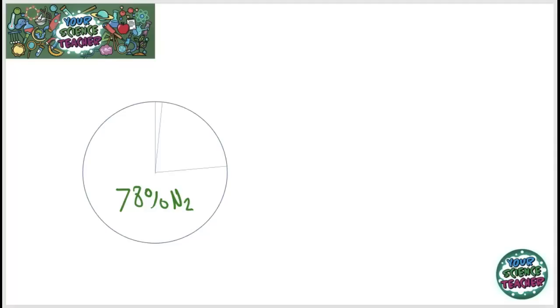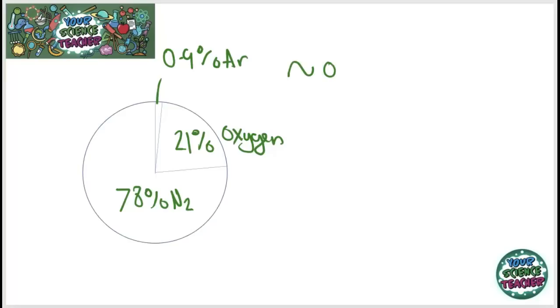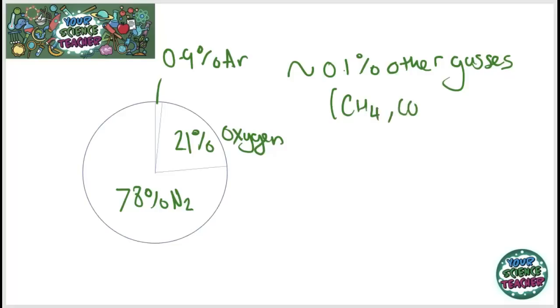Then after that, the second biggest is 21% oxygen, and then we have 0.9% argon in our atmosphere, and then the rest, so around 0.1%, is made up of other gases. And in that bracket, we have a bit of methane, carbon dioxide, and things like that.